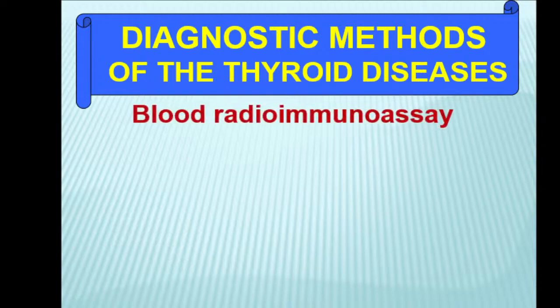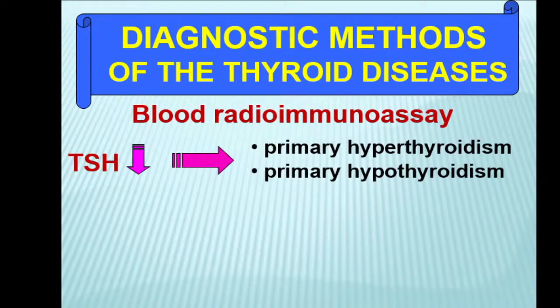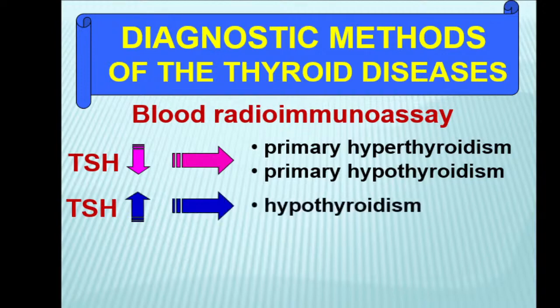And if we reveal a changed level of thyroid-stimulating hormone with blood radioimmunoassay method, it indicates primary hyper or hypothyroidism. Sometimes it may be enough, but to clarify and differentiate: if the level of thyroid-stimulating hormone increases, it is characteristic only for hypothyroidism.